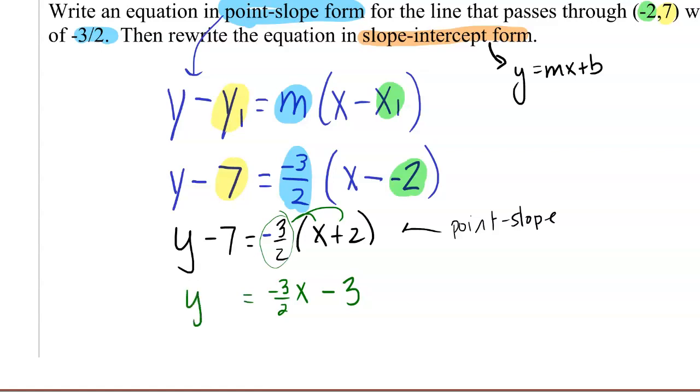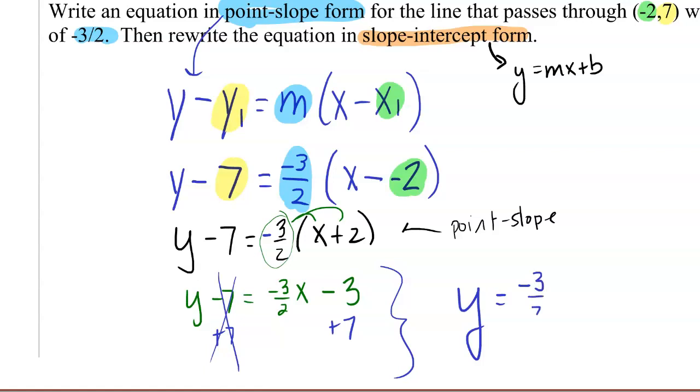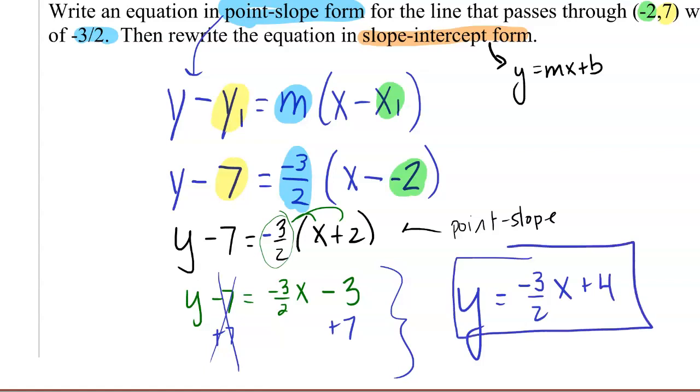And then to get y all by itself, we're going to add 7. And so now we'd say y equals, these would cancel off, we get negative 3 halves x, minus 3 plus 7 is plus 4. And there's our slope-intercept form.